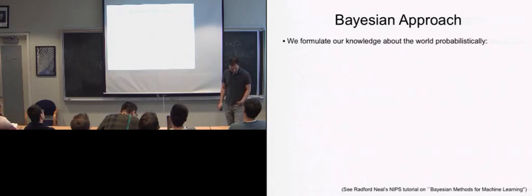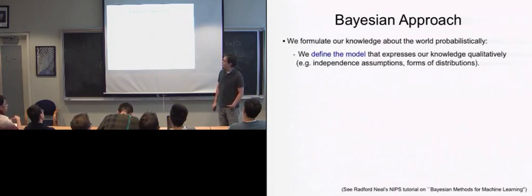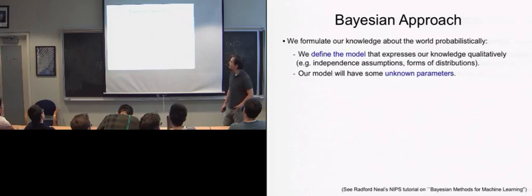So what's the idea behind the Bayesian approach? We want to formulate our knowledge about the world probabilistically. The first thing we need to do is define a model, and we put our assumptions into it, such as some independence assumptions or distributional forms. That's something a statistician or machine learning person has to define.